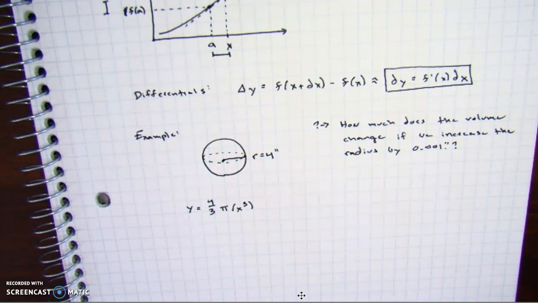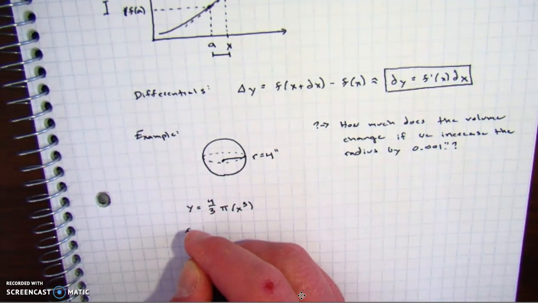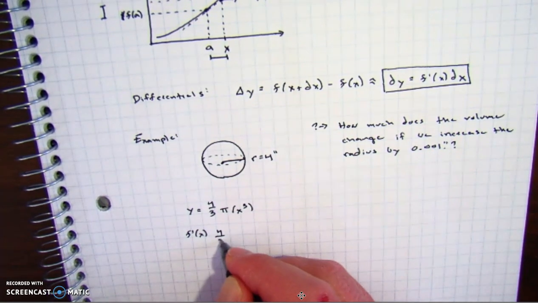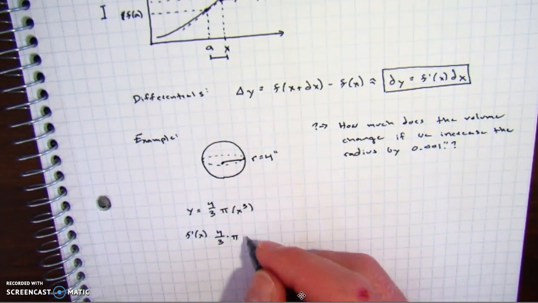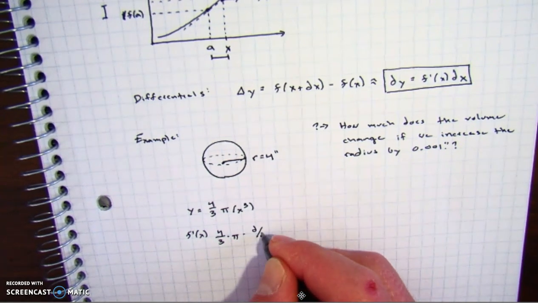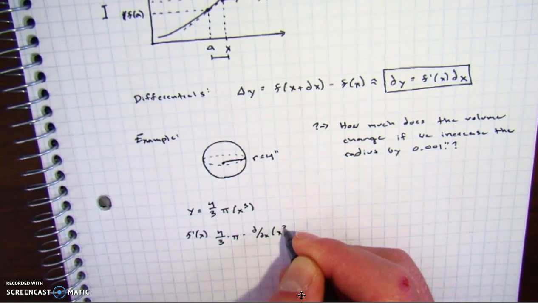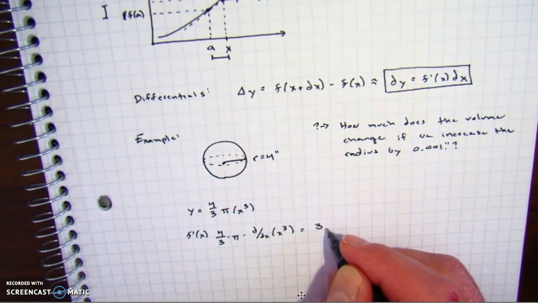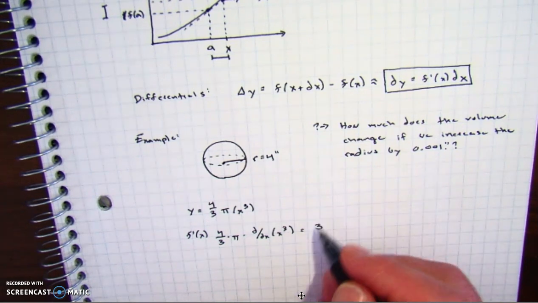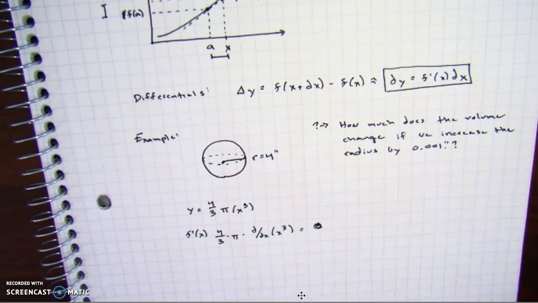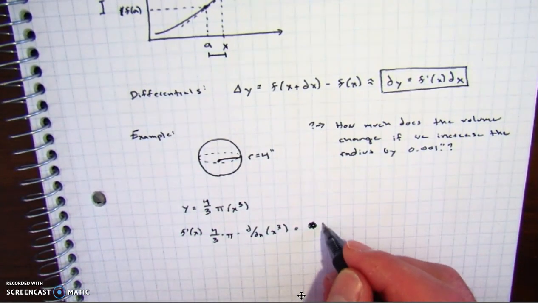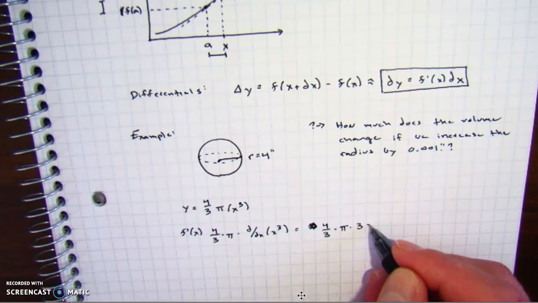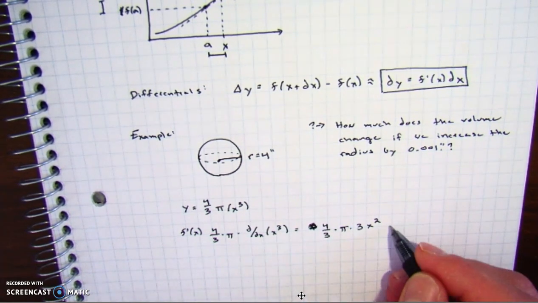All right, so if I take the derivative, f prime, well, 4/3 times pi is just a constant. So really we just have the derivative of x cubed. So that equals 3. Well, oops, sorry, I'm getting ahead of myself. So that's just going to be 4/3 times pi times 3x squared.